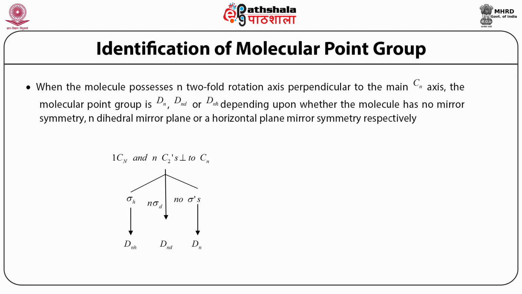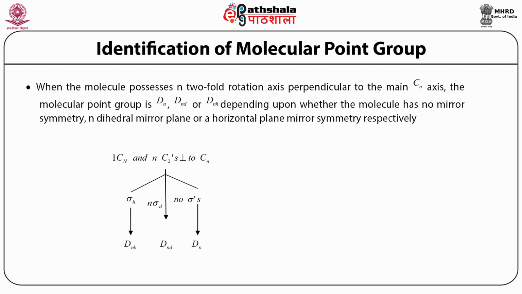If it has n dihedral mirror planes, that is n planes which contain the principal axis but lie along the bisectors formed by three atoms in the molecule, then the group is Dnd. Or if the molecule possesses a horizontal mirror plane symmetry, then the group is Dnh.